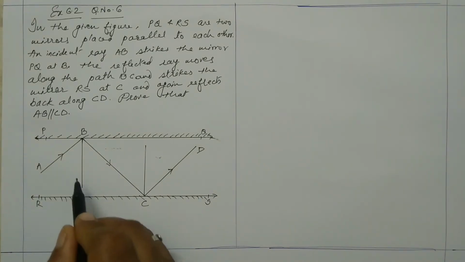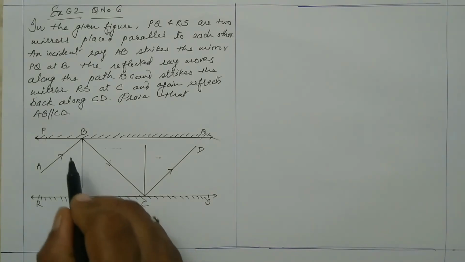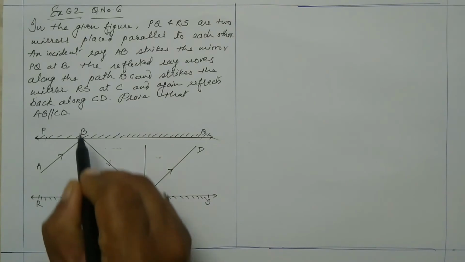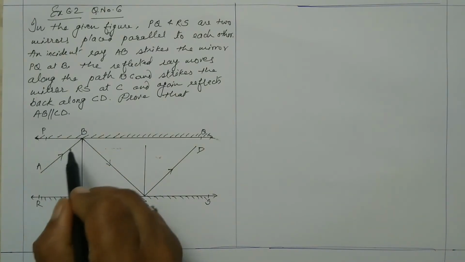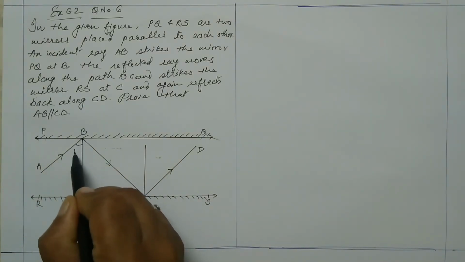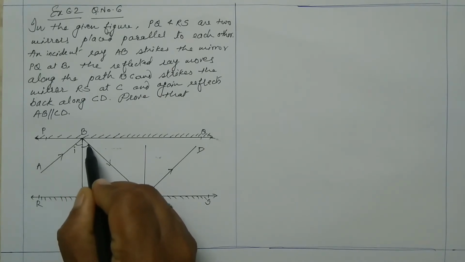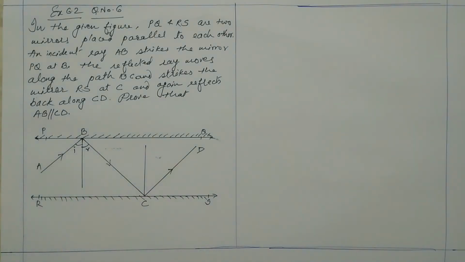This is called angle of incidence I, and this is angle of reflection R. Angle of incidence is always equal to angle of reflection.